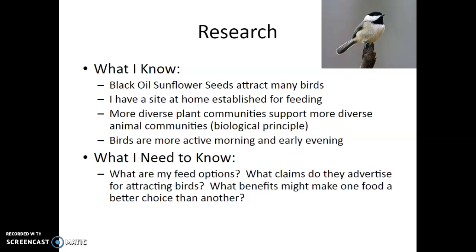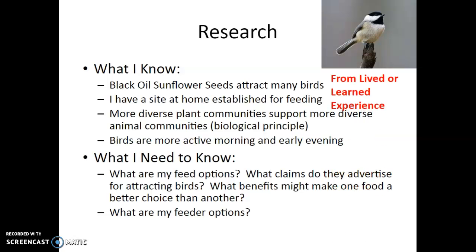Those things might factor in. And what are my feeder options? So what I know is from my lived and learned previous experience. What I need to know, I can get through online research, a trip to my garage, and maybe a trip to Fleet Farm to look at possible food options and feeder options.